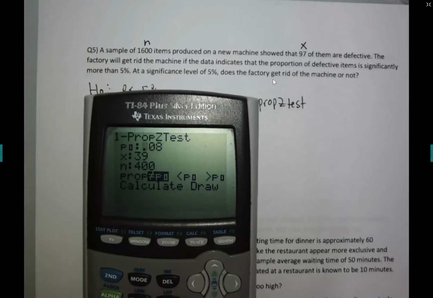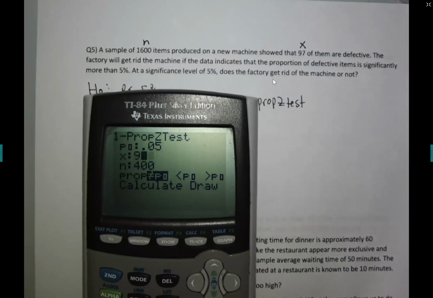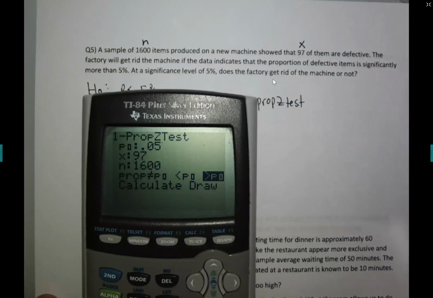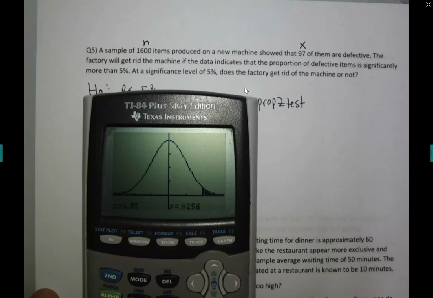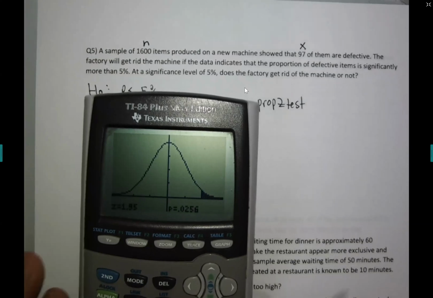So 0.05. x is 97. n is 1,600. And we want to check that p is greater than 0.05. See guys how I select the greater than there? And then hit calculate if you like, or draw. Okay, so z is 1.95.